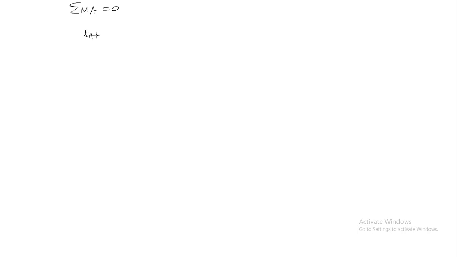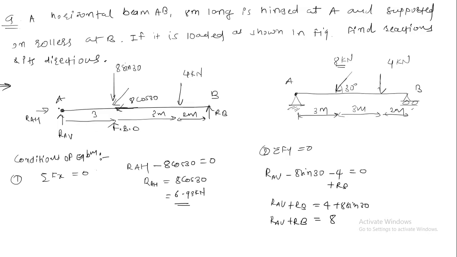One is RA horizontal, one is RA vertical, then 8 sin 30, then 8 cos 30, then 4 kilonewton and RB. Now see, we take moments about point A. Which forces are passing through point A? RAH is passing, RA vertical is passing and 8 cos 30. See the arrow of this one, that is also passing through point A.